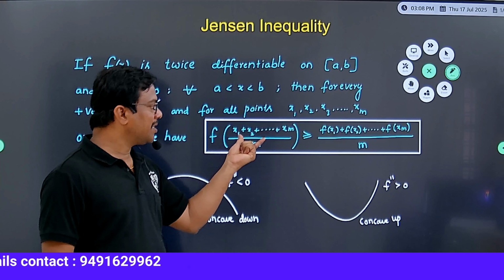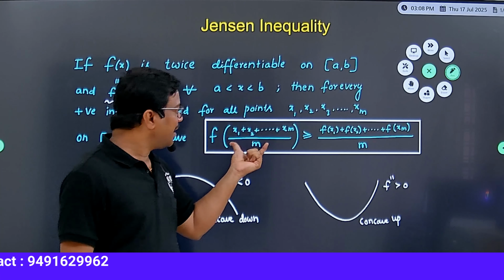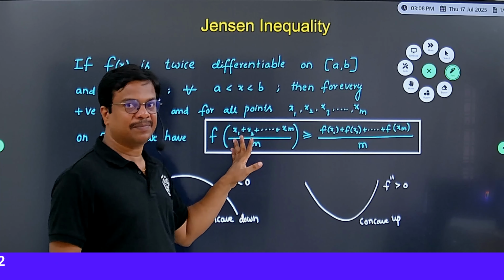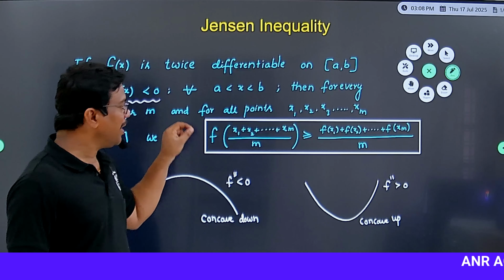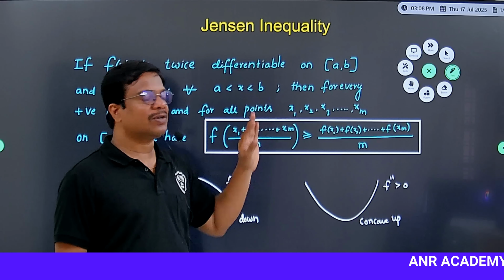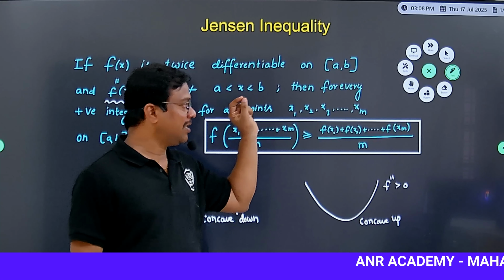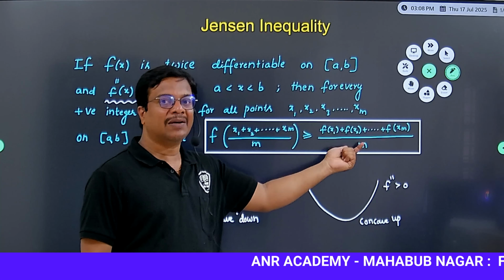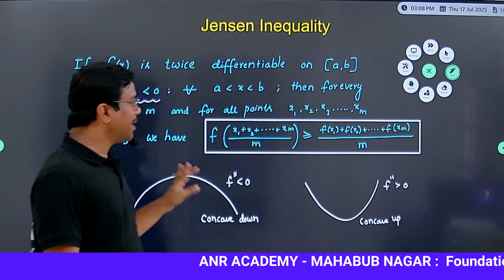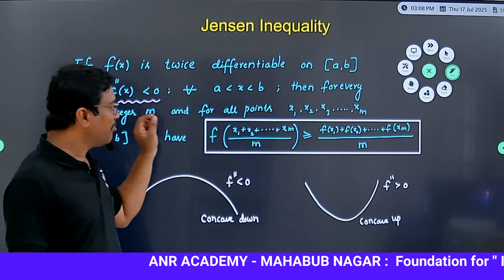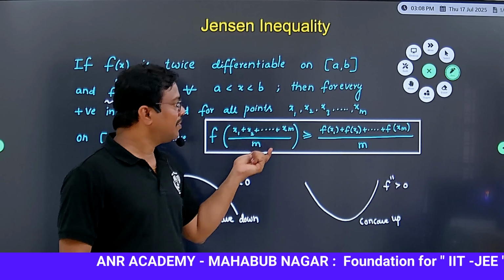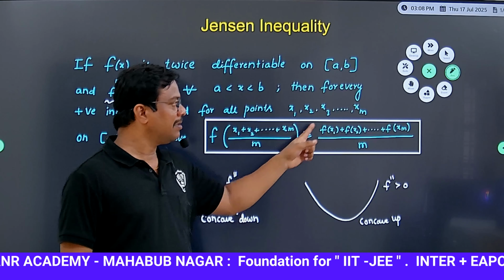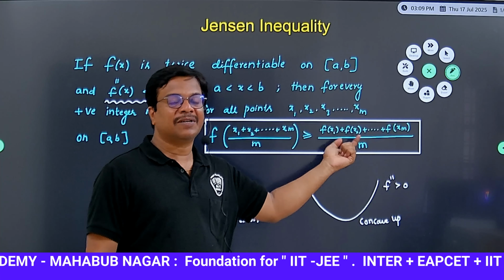Here inside the function you have the average of x1, x2, x3 and so on xm, and corresponding outputs of x1, x2, x3 and so on xm, you have f of x1, f of x2 and so on f of xm. Their average you have on the right hand side, and the relation between them: the function of the average of those elements is greater than or equal to the average of its outputs.